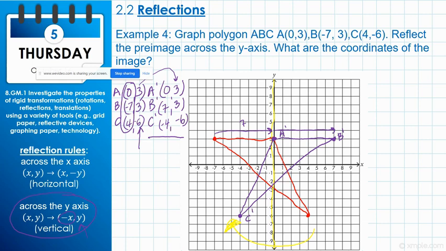We still would have ended up in the same location. A would not have moved. Here, we're 4 units away. Here, we're 4 units away. So the values are exactly where they should be.